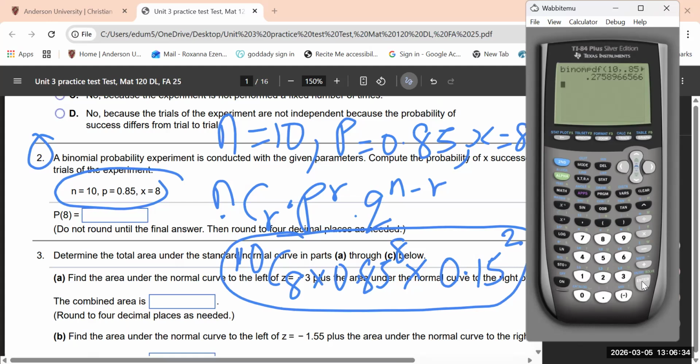I'm told to round to 4 decimal places, in other words, to the nearest 10,000. Therefore, the probability is 0.2759. So that probability of 8, which is P8, is 0.2759 to the nearest 10,000.